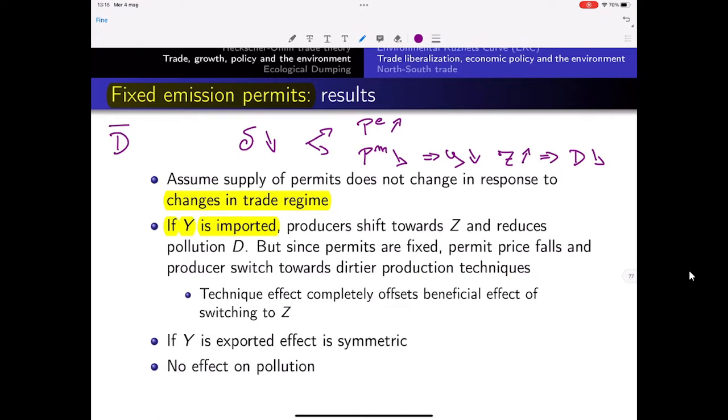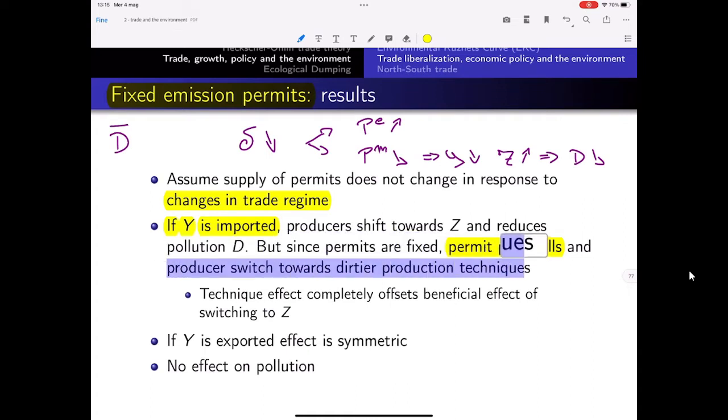And therefore, the price of permits declines. And this clearly now changes the production technique for producers, because now producers are going to switch to dirtier techniques. So producers, as a consequence, switch to dirtier production techniques.